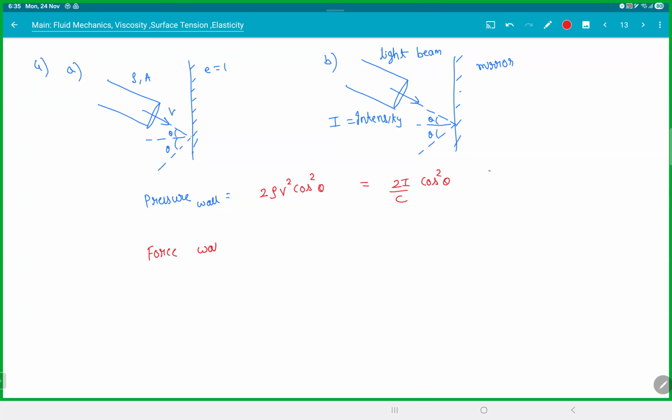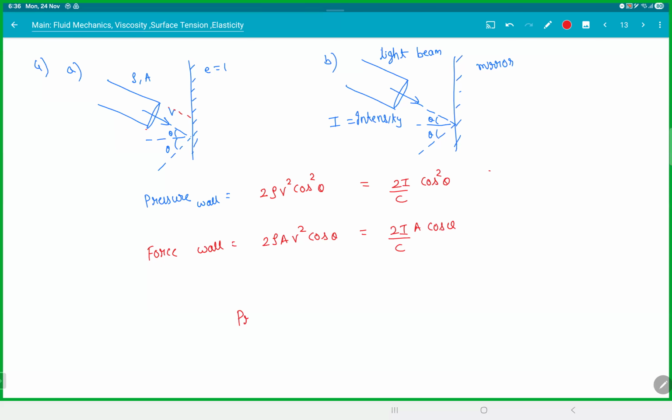If they ask you force on the wall, then it will be 2 rho a v square cos theta. There will be one cos theta for force, because pressure is force by area. The area where the water jet hits will actually be quite bigger. So this is 2I by c a cos theta.